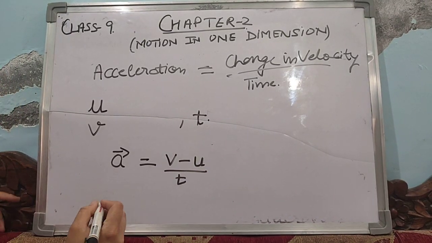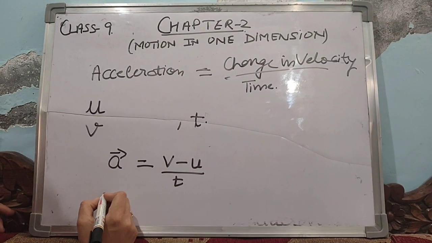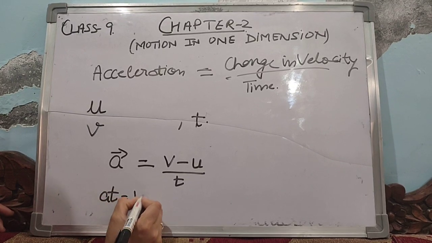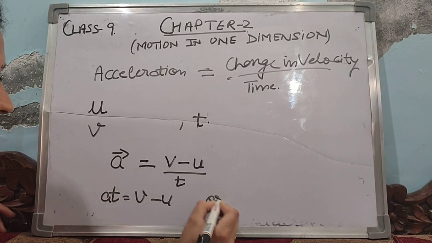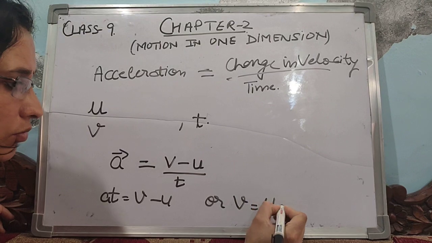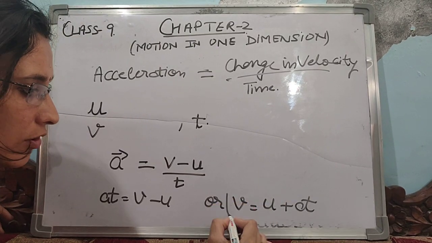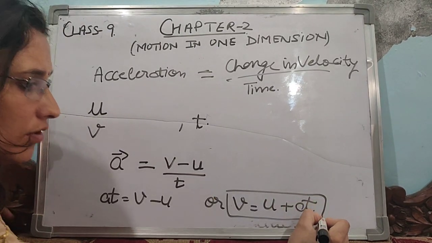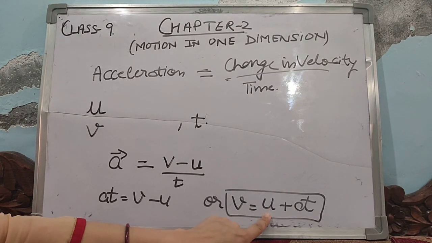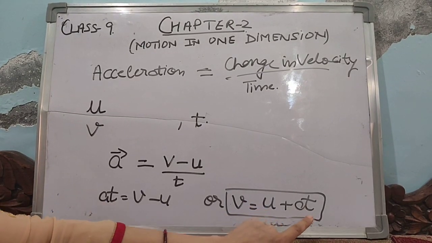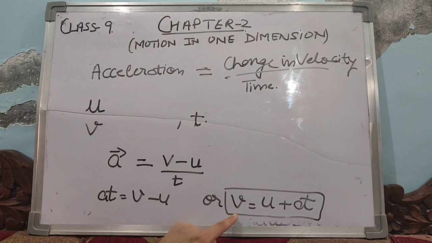Then we can write at is equal to v minus u, or v is equal to u plus at. So if initial velocity, acceleration and time are given, we can use this equation to calculate the final velocity of a body.